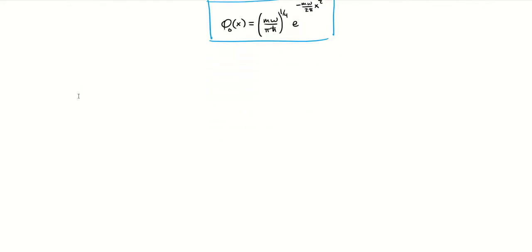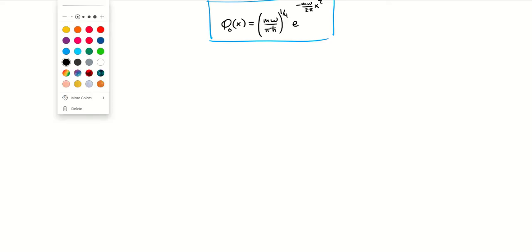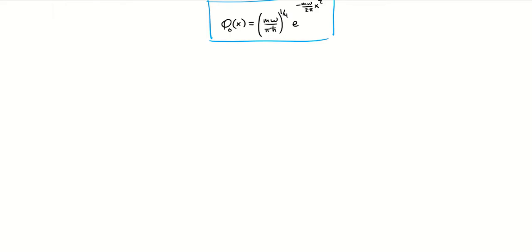To figure out the rest of the wave functions, we just take the raising operator and act on this. We know that the raising operator acting on our zero state is going to give us something proportional to the first excited state, or the n equals 1 state. Likewise, if we act on that state, we get something proportional to the n equals 2 state, and so on.